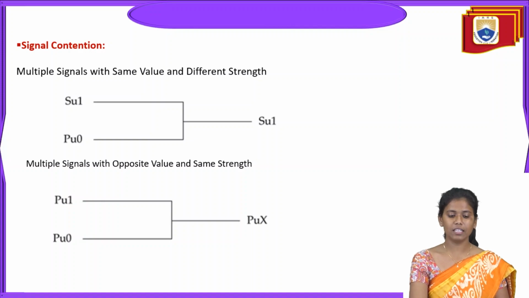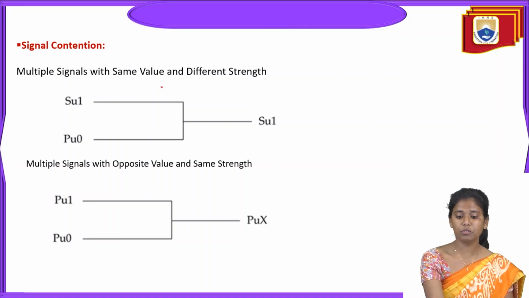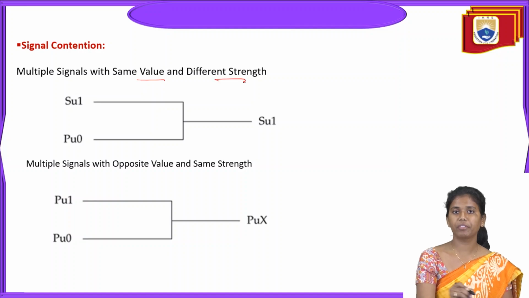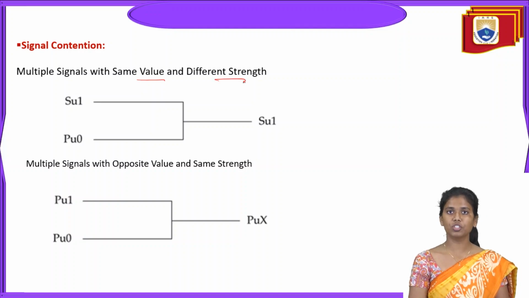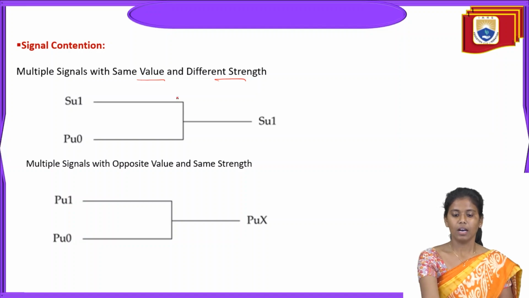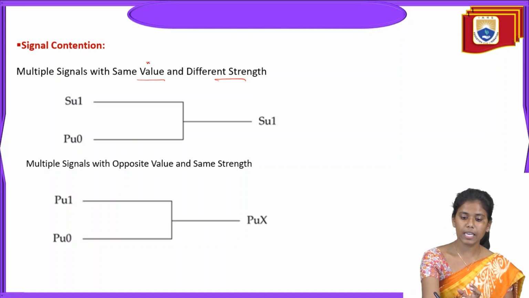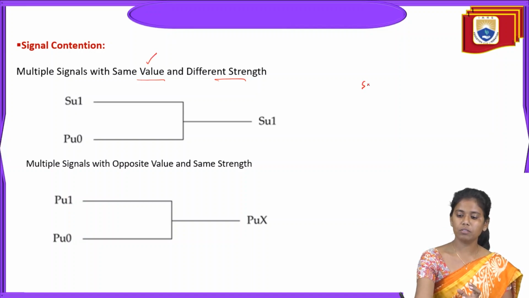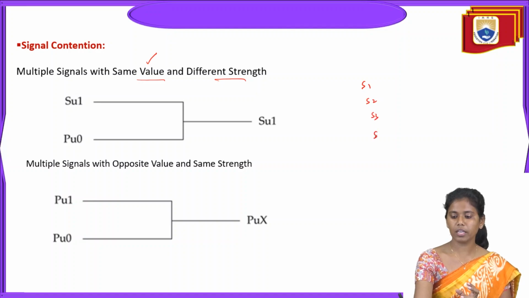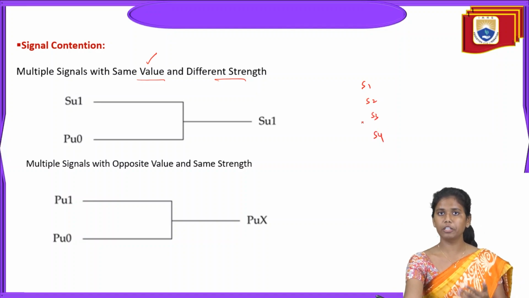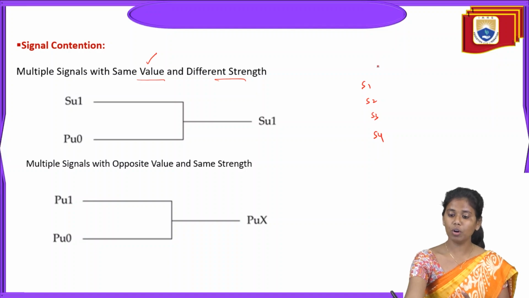Signal contention is nothing but multiple signals with the same value and different strength. How can we differentiate the contention between the signals? We have S1, S2, S3, S4. These are multiple different signals, but the values are the same: 0, 0, 0, 0.